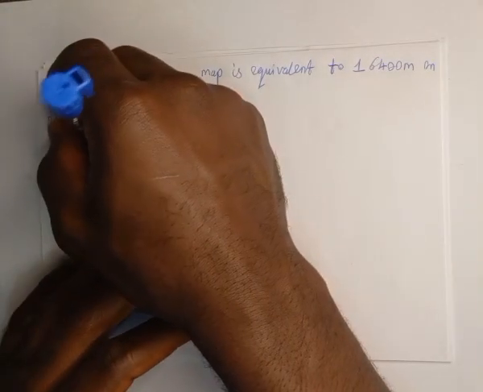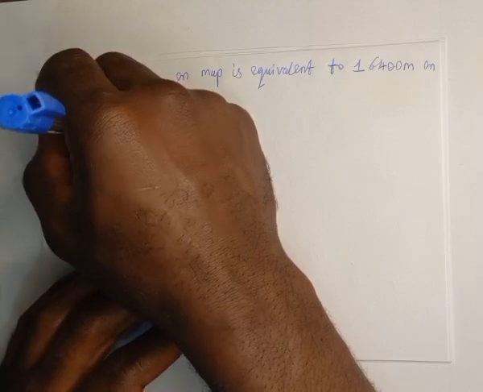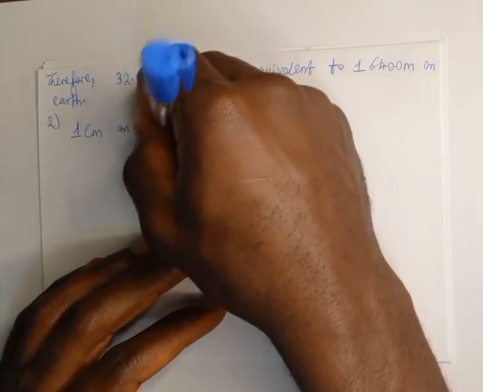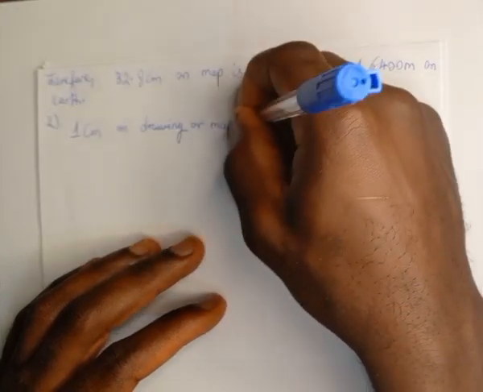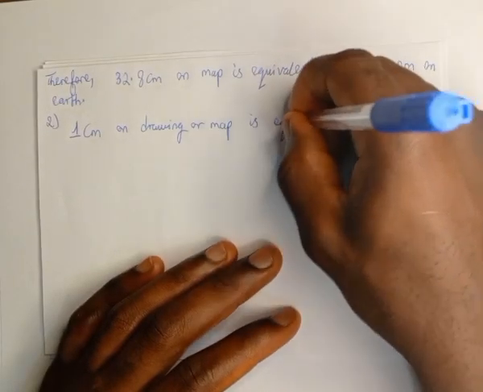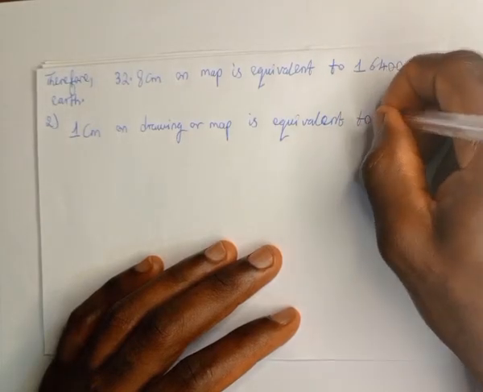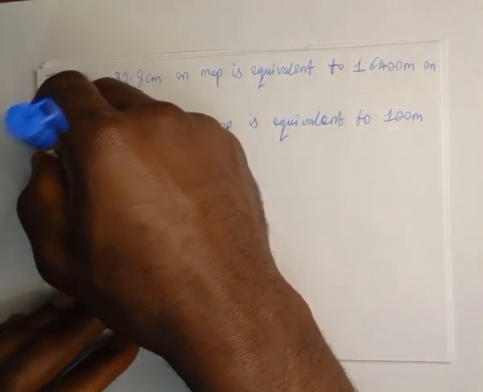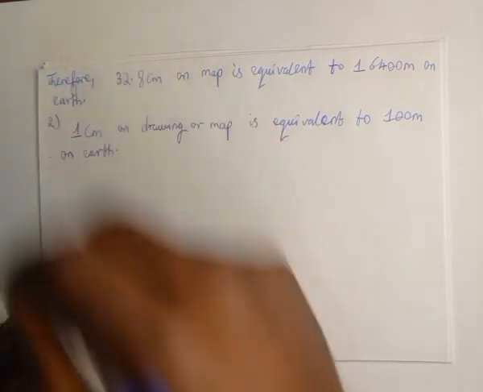We start by writing the scale. The scale we have, 1 centimeter on drawing or map is equivalent to 100 meters on Earth or in real life.